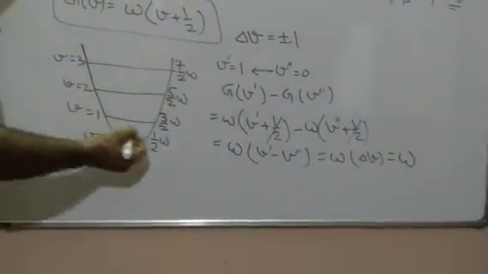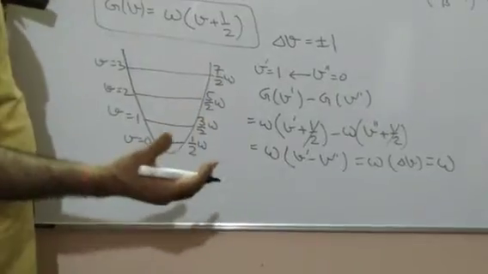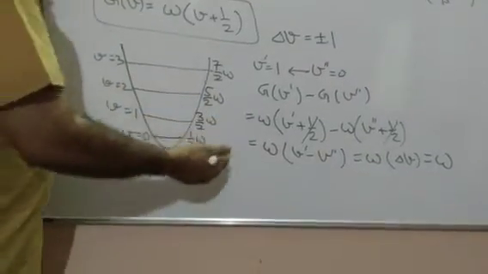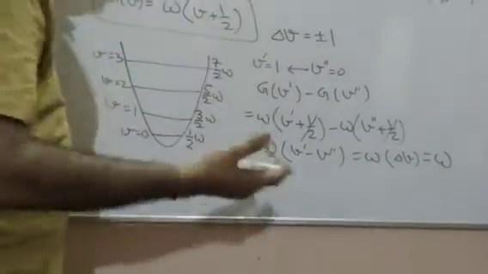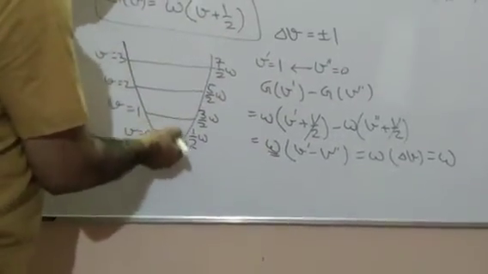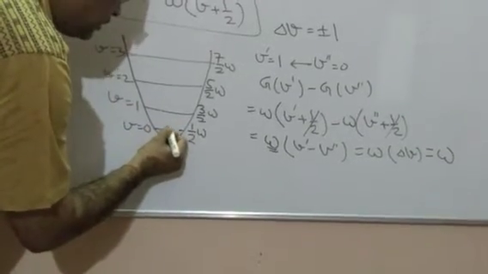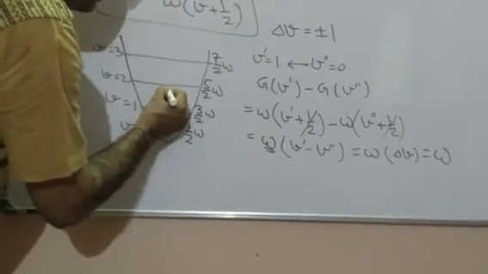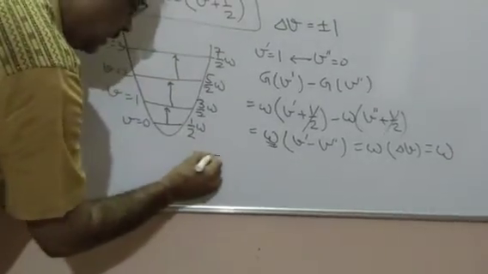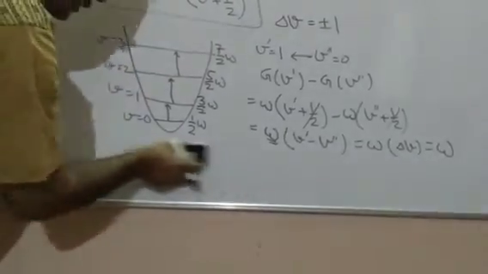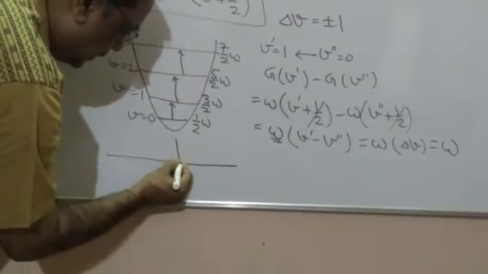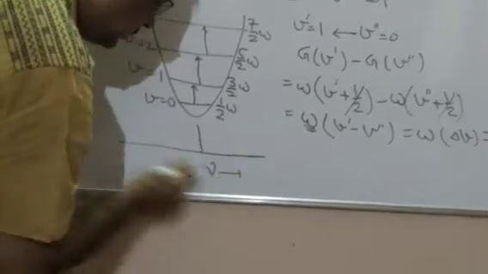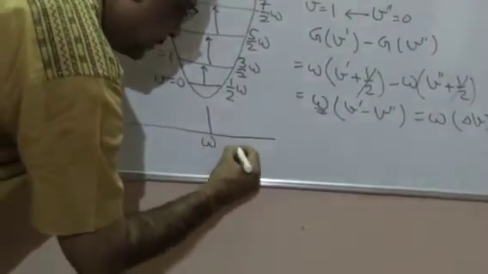So the value of the term value will always come as omega if you are taking the nearby transitions from here or from here or from here. Every time that will give you a single line, and if you plot, you will get that value as omega.